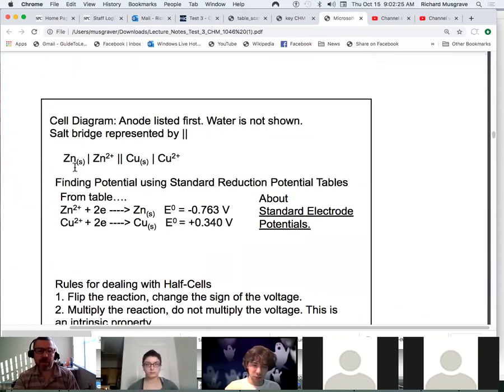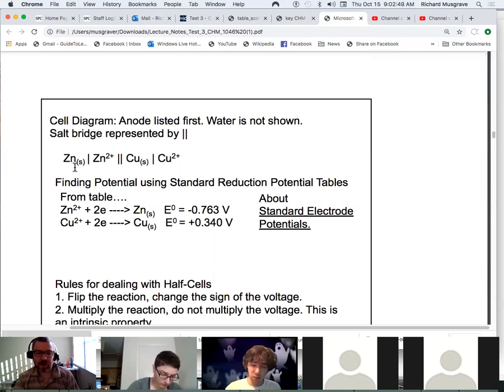Because by convention, by definition, the oxidation, the anode, is always listed first. I'll say it again. By convention, the anode, the oxidation will always be listed first. Every single time. It's never going to change. I'll say it one more time. The anode is always listed first.